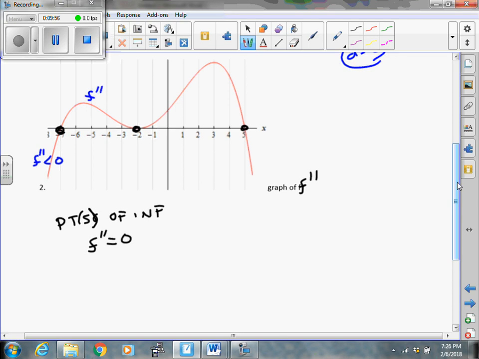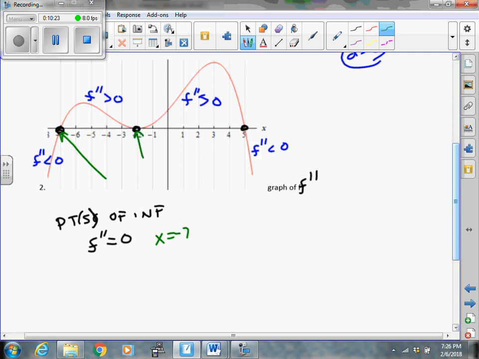Here, my double derivative is positive. Again, here, it is positive. Then from 5 over, my double derivative is negative, which means that here I got a negative to a positive. It changed. So that gives me one point of inflection at x equals negative 7.